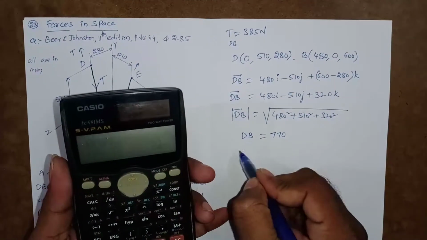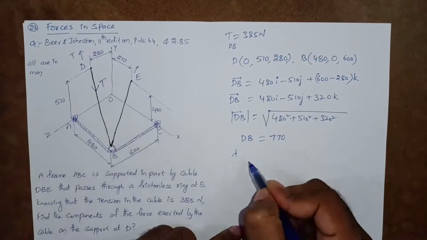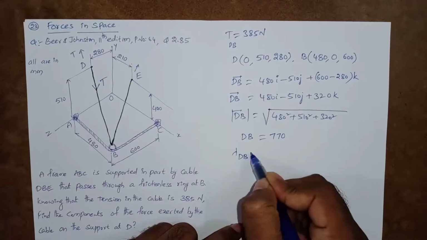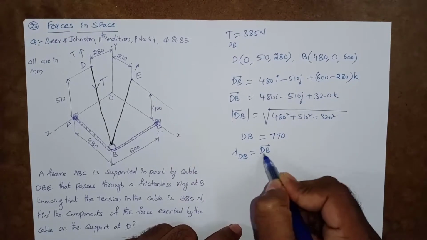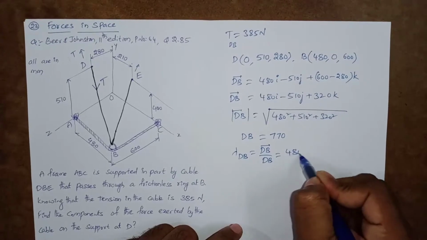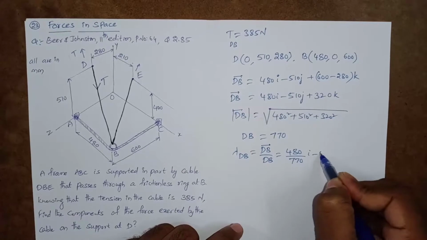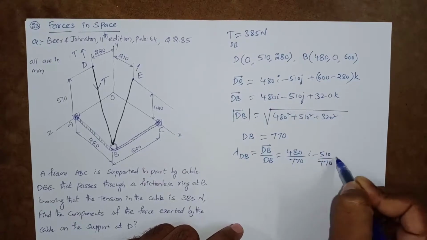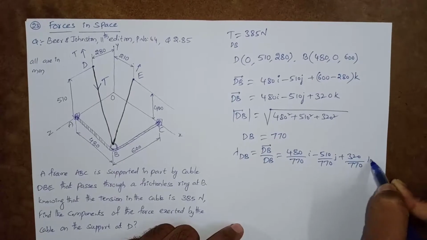Now let us find the unit vector along the direction D to B, that is lambda DB, which is DB bar by DB. That is 480 by 770 i cap minus 510 by 770 j cap plus 320 by 770 k cap.